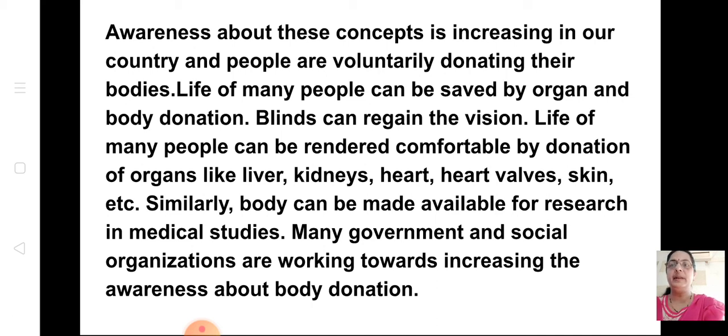Life of many people can be made comfortable by donation of organs like liver, kidney, heart valve, skin, etc. Similarly, the body can be made available for research in medical studies, as I told you. Many government and social organizations are working towards increasing awareness about body donation. I told you before, we have to decide whether after death our body or our organs should be donated, and then it can be done as per the procedure.